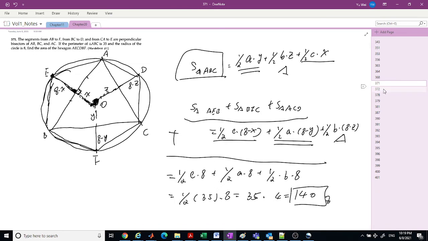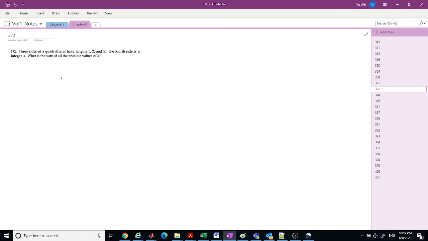Okay, the next will be 3 sides of a quadrilateral are 1, 2, 5. Let's see 1, 2, 5 and x.